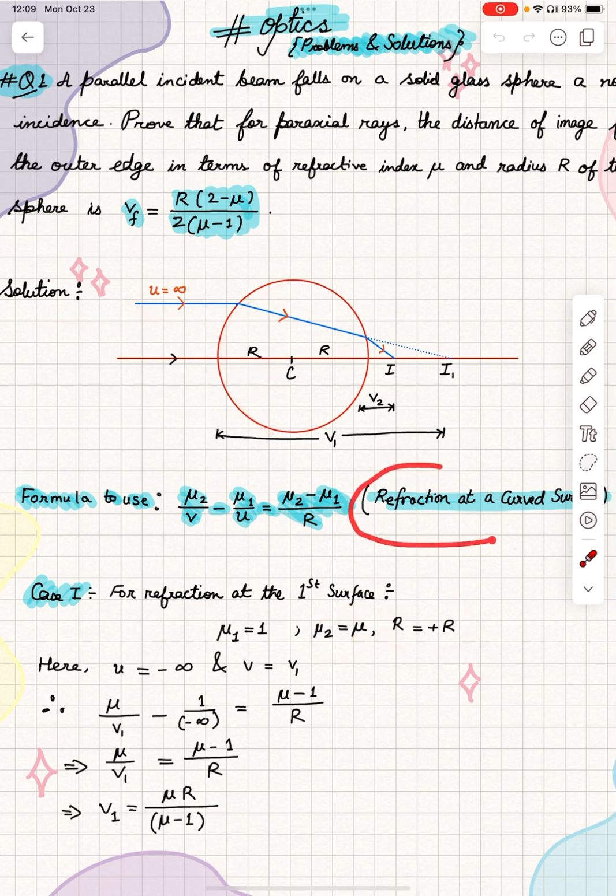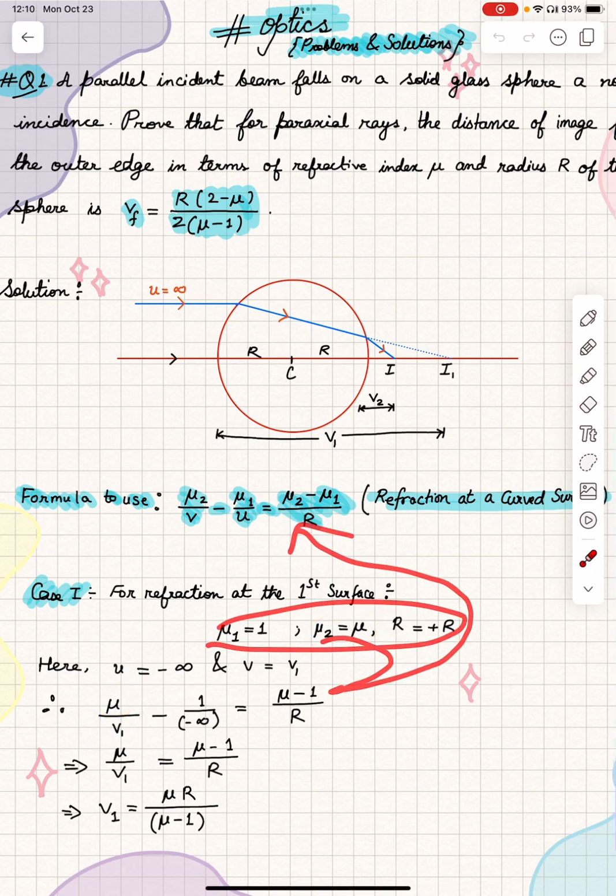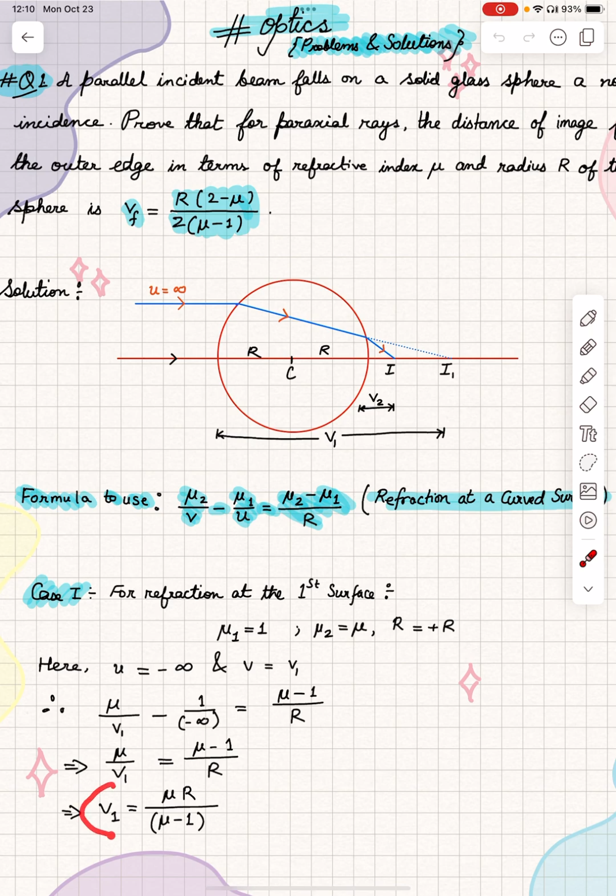Now use the refraction at a curved surface formula, mu2 by v minus mu1 by u is equal to mu2 minus mu1 upon r. So mu2 is mu here. Put all the parameters in this equation, and what you get is mu by v1 is equal to mu upon mu minus 1 times r.